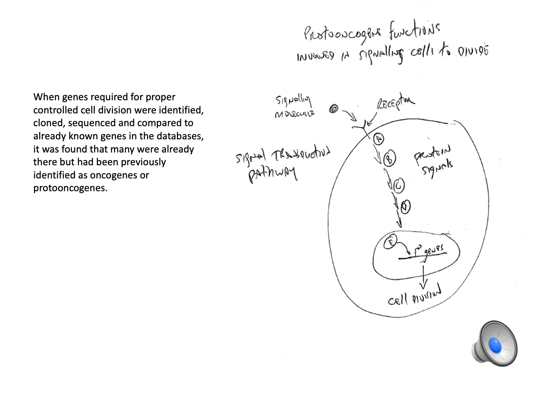People who were studying cell division and its regulation. And as it turns out, many of these proteins that are involved in this signaling pathway are the very same proteins as the oncogenes. So let me just show you that in the next slide.